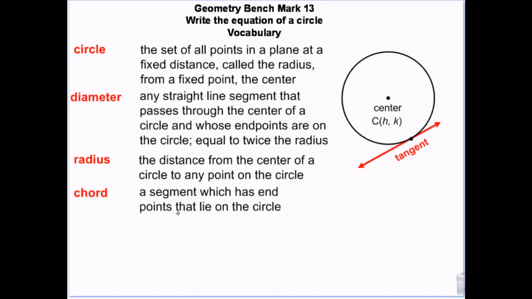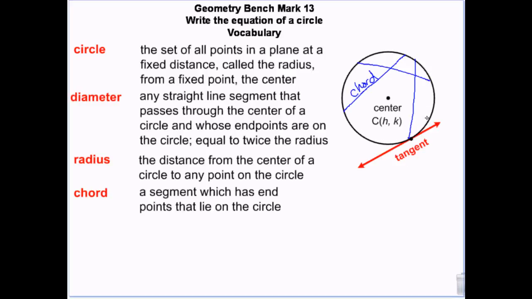A chord is a segment which has endpoints that lie on the circle. Here's a chord. A chord can be any line that touches the ends of the circle. It can also be the diameter. A diameter is a special chord. The diameter is a chord which passes through the center, but a chord doesn't have to pass through the center. I can draw a line here, and I can draw a line here.